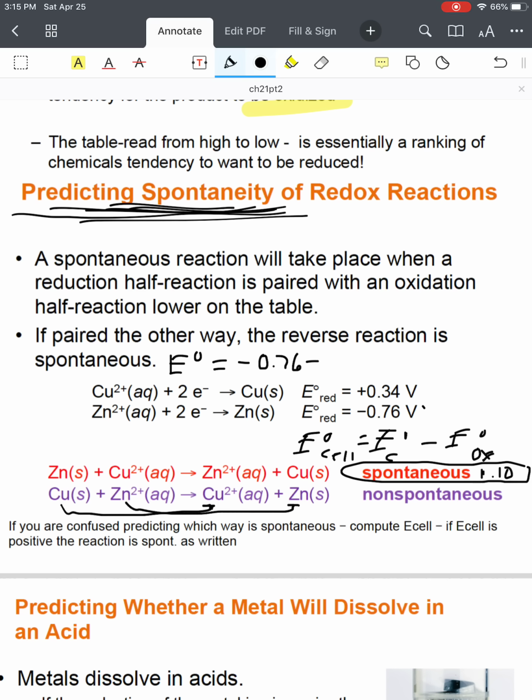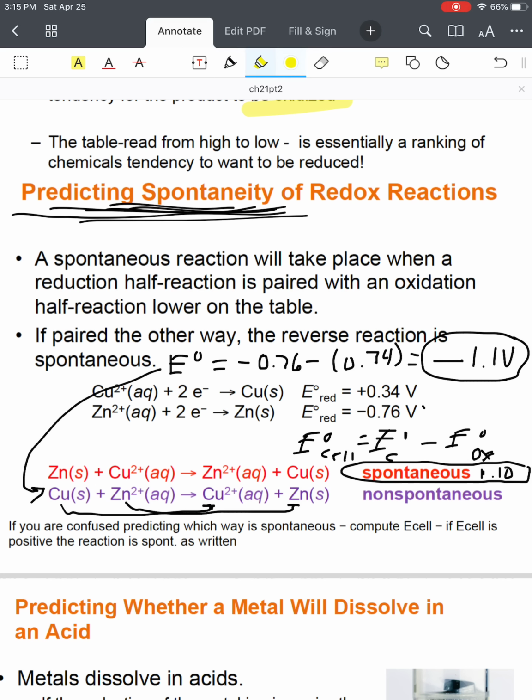And I'm still going to subtract the oxidative reaction, which is the copper, at a positive 0.34. So if I do that, I get a negative 1.1 volts versus the SHE. That's for that second reaction, isn't it? That negative sign should pop out in your head immediately. If you have a negative E0 cell, that reaction is non-spontaneous.